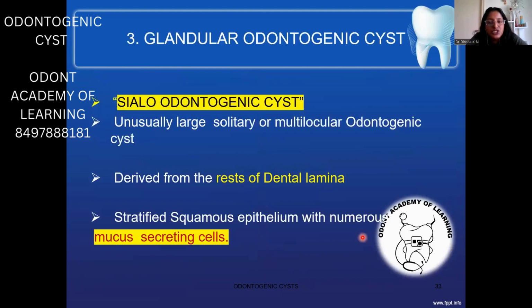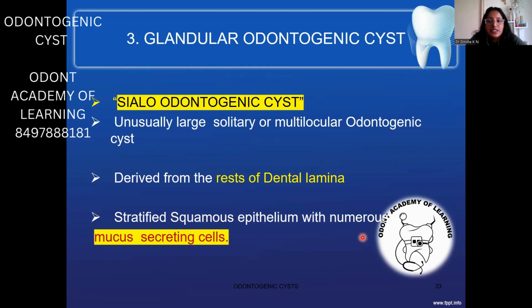Next one is known as a GOC or glandular odontogenic cyst, which is also known as a sialo-odontogenic cyst. This is considerably a large, solitary or multilocular odontogenic cyst, again derived from the rest of dental lamina. You will have a lining of stratified squamous epithelium, but it is a glandular odontogenic cyst.